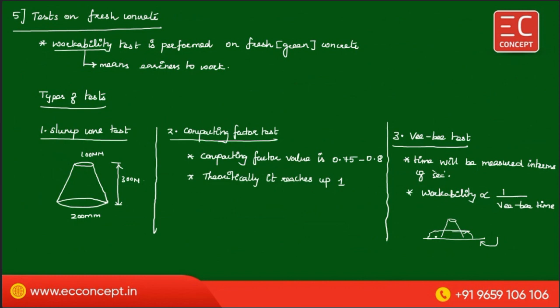The time to reach this circular shape with equal radius from the center is the VB time. If the workability is very high, then the VB time is very less. If the VB time is more, the cone takes more time to change into this circle because workability is low. So this is the test. Workability is directly proportional to 1 by VB time. These are the important points you have to keep in mind.